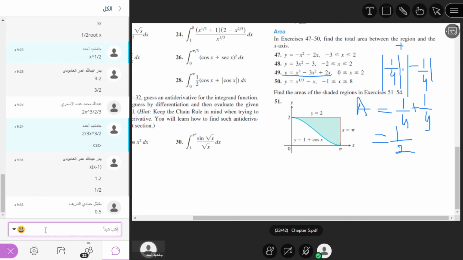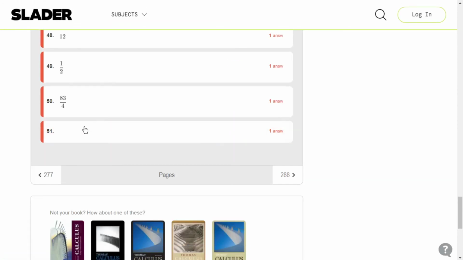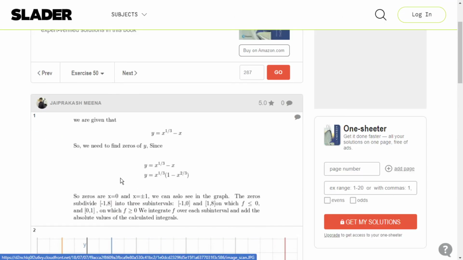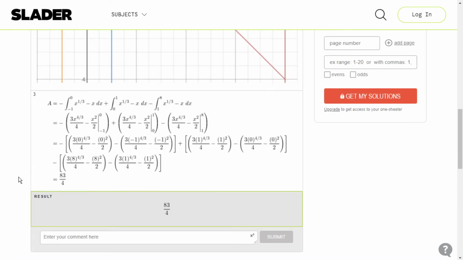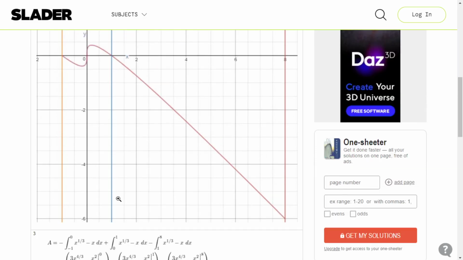If I ask you to solve question number 50, can you solve this question? What is the question? Question is 51. What is the function? The function y is equal to 1 plus cosine x.